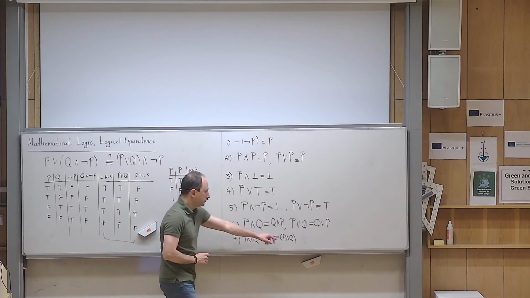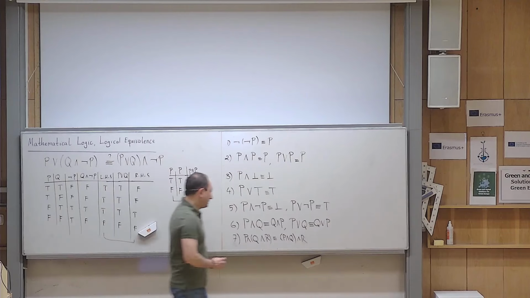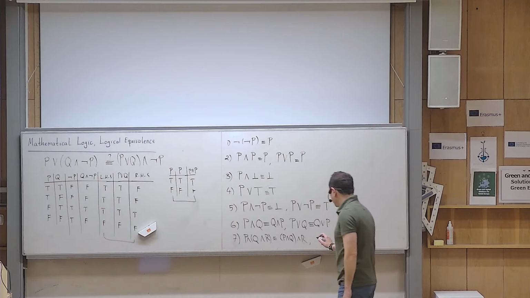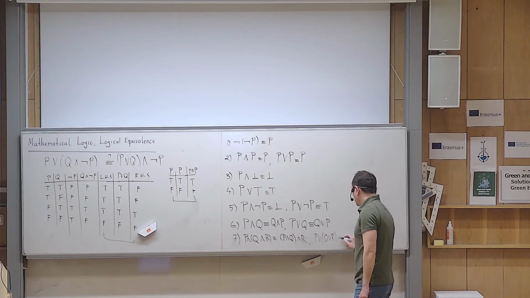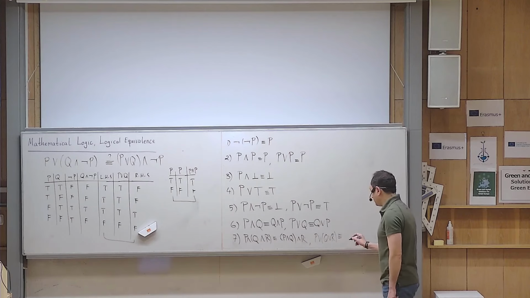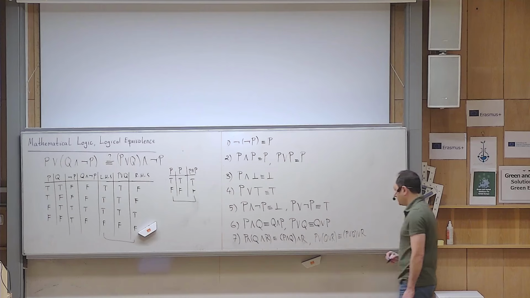They are equivalent. Again, the proof goes through the table, but there is nothing weird about it. So if you don't mind, let us skip that. So then, of course, this is also the same. So this is associative, yes? P or Q or R, yes?